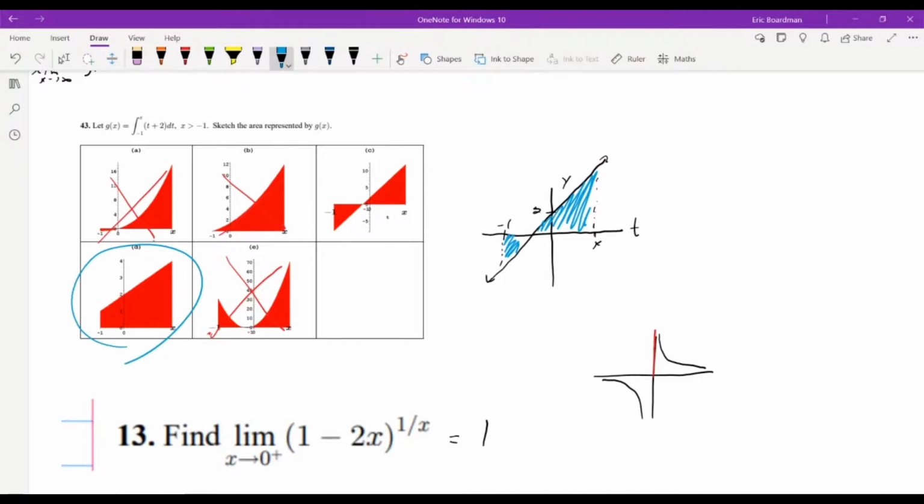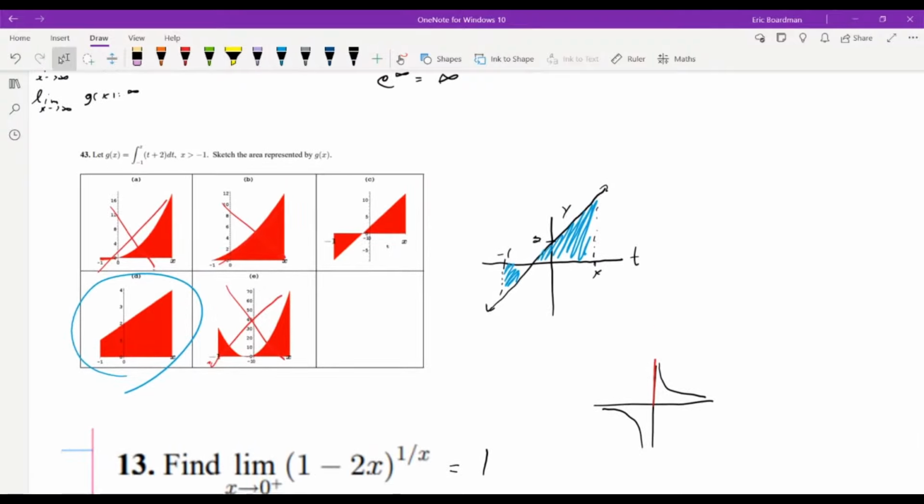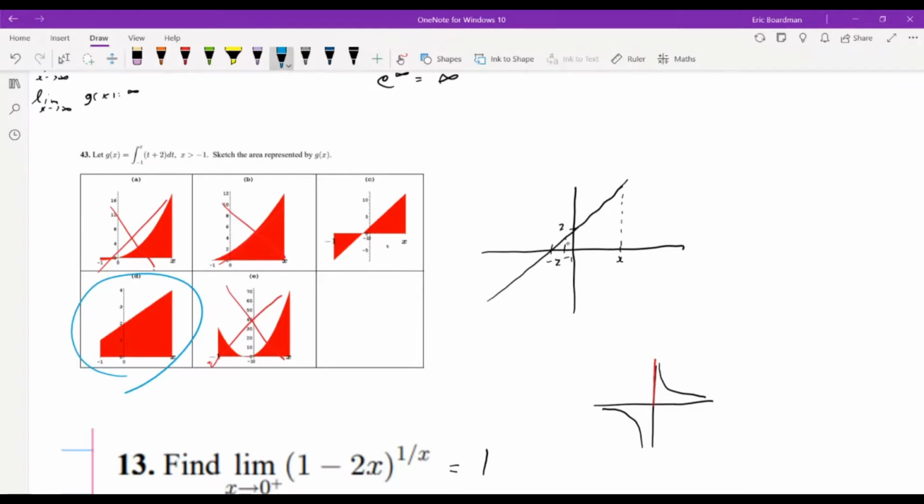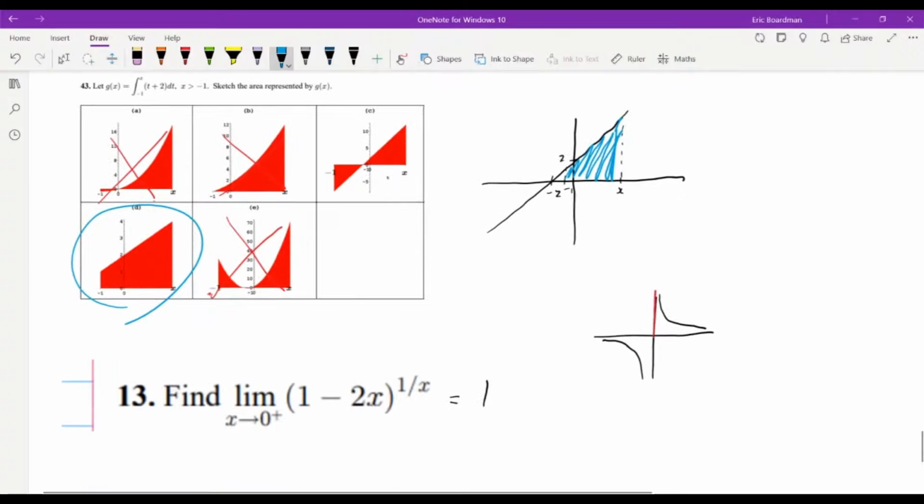So it would be D because it intersects at -2, so the graph will look something more like this. Or that's 2, that's -2, and then -1 will be somewhere in there. And you want to find this area where you have x there. So yeah, it would be D.